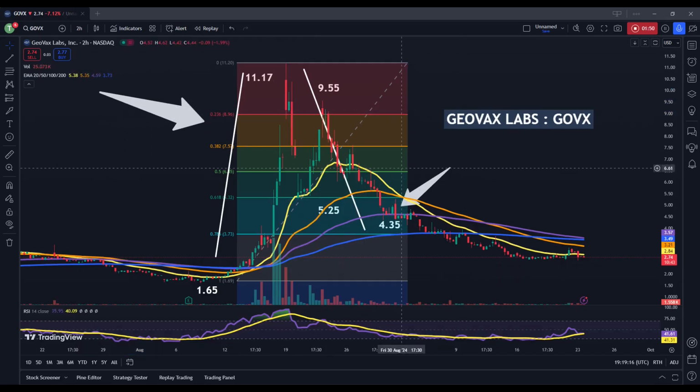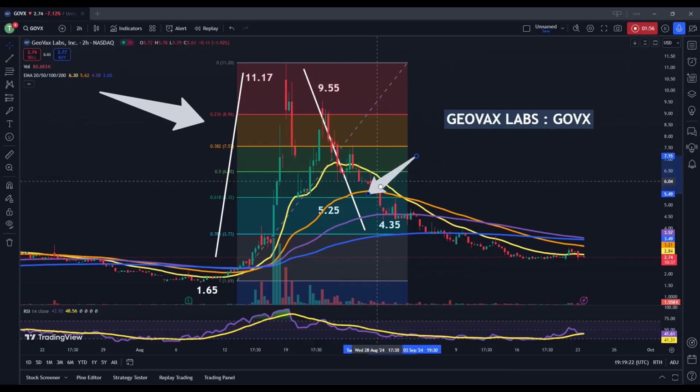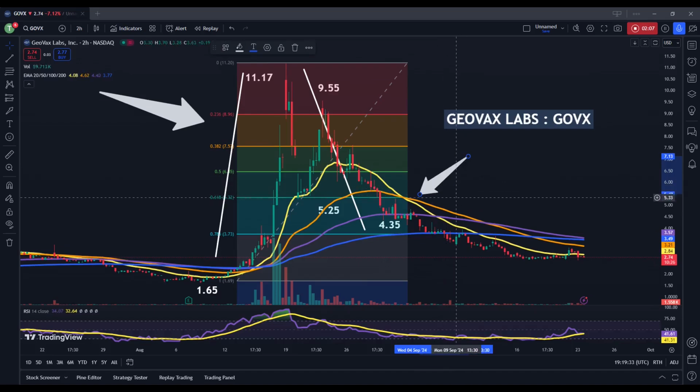So as we can see here, share prices did manage to form a new lower high coming in at $9.55, and then a lower low in the process, which came in at $4.35. So this is essentially the scenario that we were looking at in the prior video. And the suggestion from there was that we really would need to see support levels hold right around, this would be roughly $3.70, in order for share prices to continue to maintain this upward rally in price valuations.